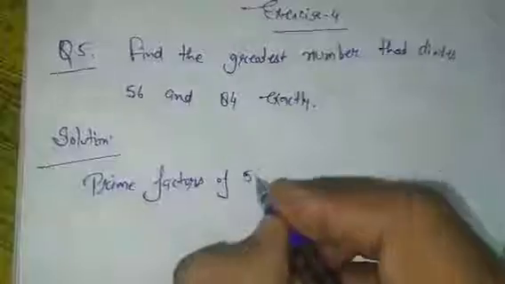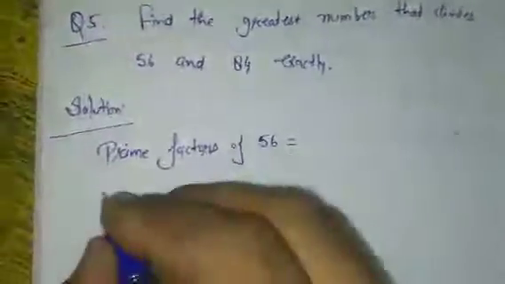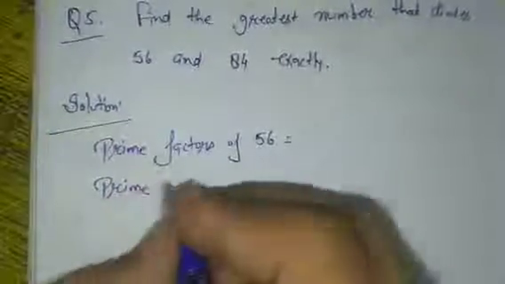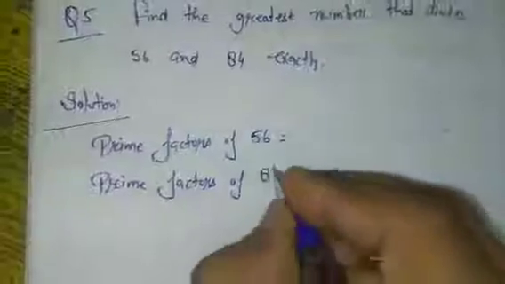So here you will find out the prime factors of 56, and then another number has been given, 84, so the prime factors of 84.